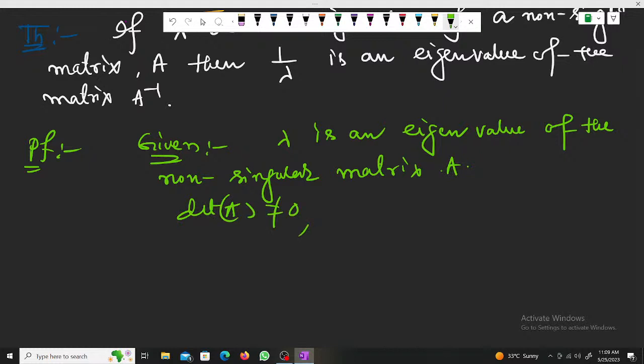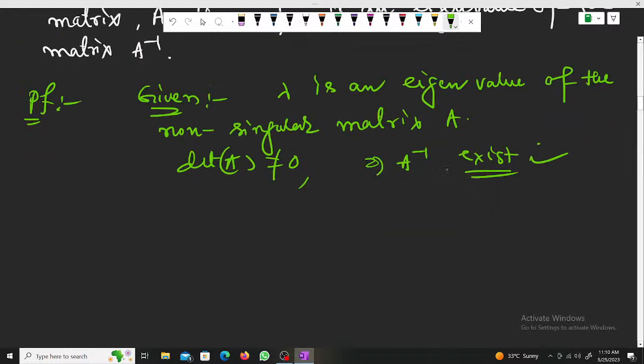And I can clearly বলতে পারবো, which implies that A inverse exists, right? All right.